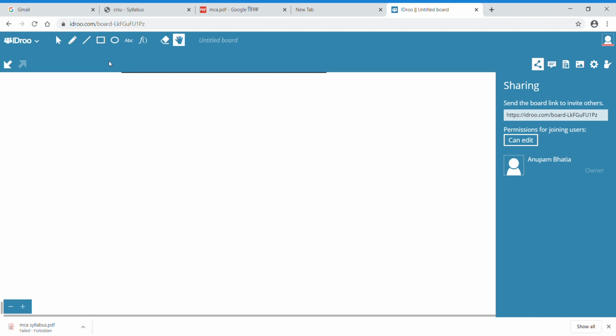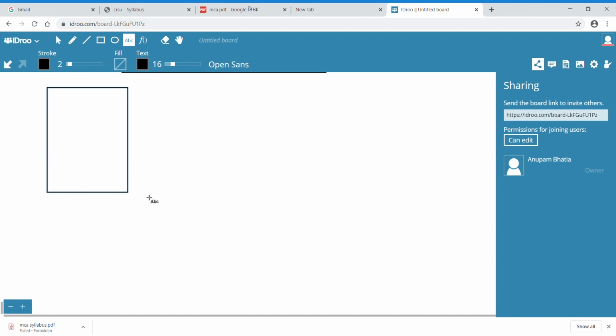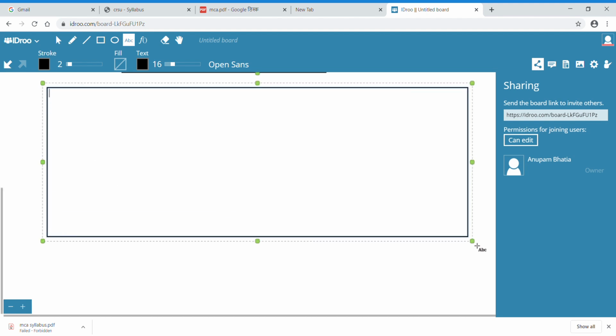Okay, now we start with our topic, that is the 2D mesh. It is one of the most popular topologies used in computer architecture.